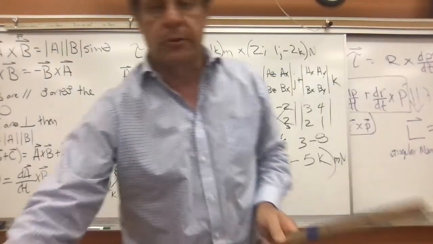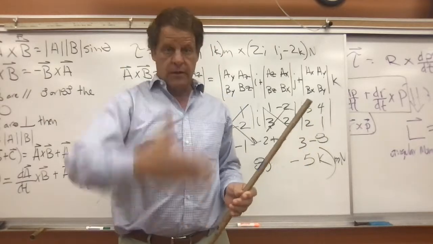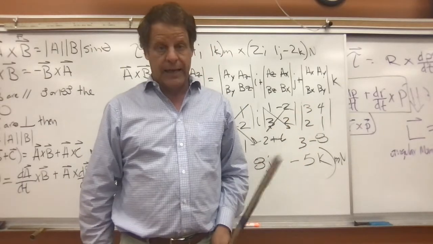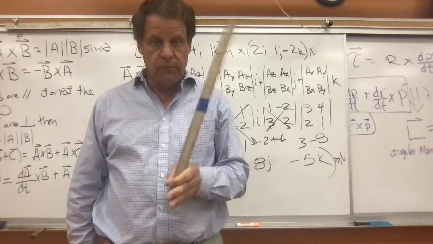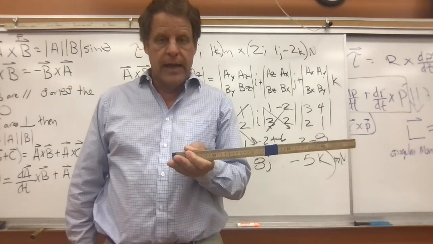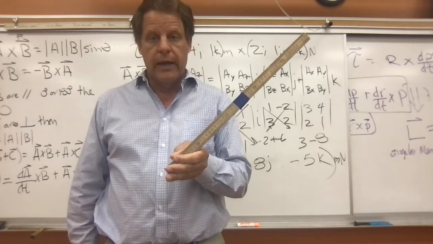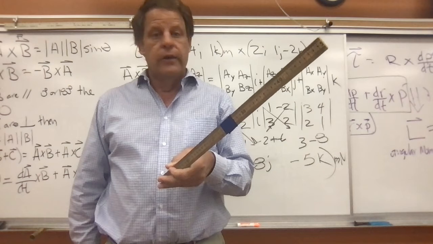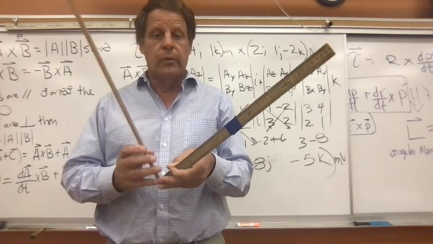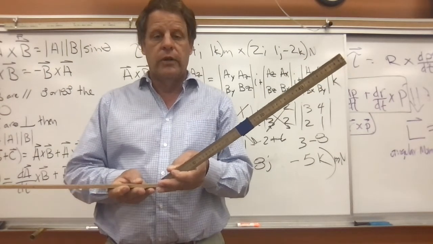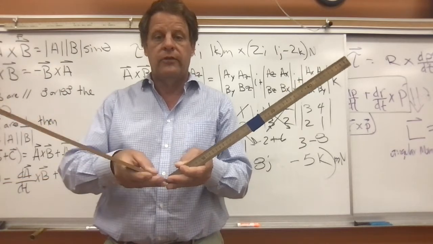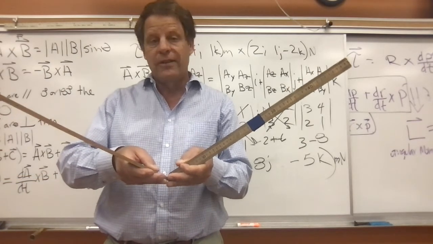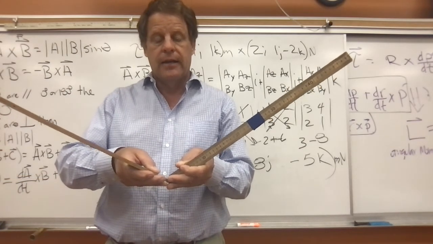For example, if the screen you're looking at is our plane, and we have a radius vector that could go x, y, and z, then it's not in the plane. We take another one that goes x, y, and z, so that is no longer in the x and y direction.